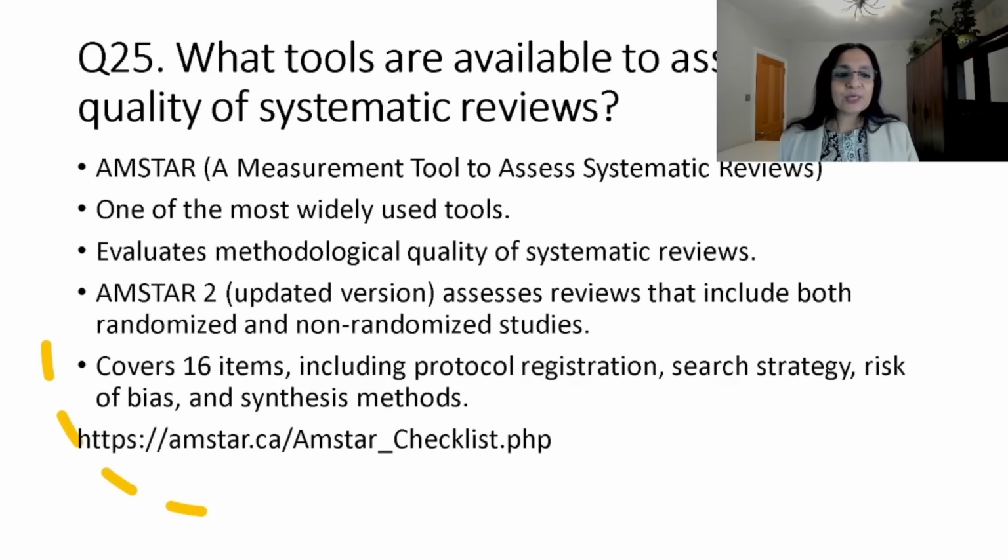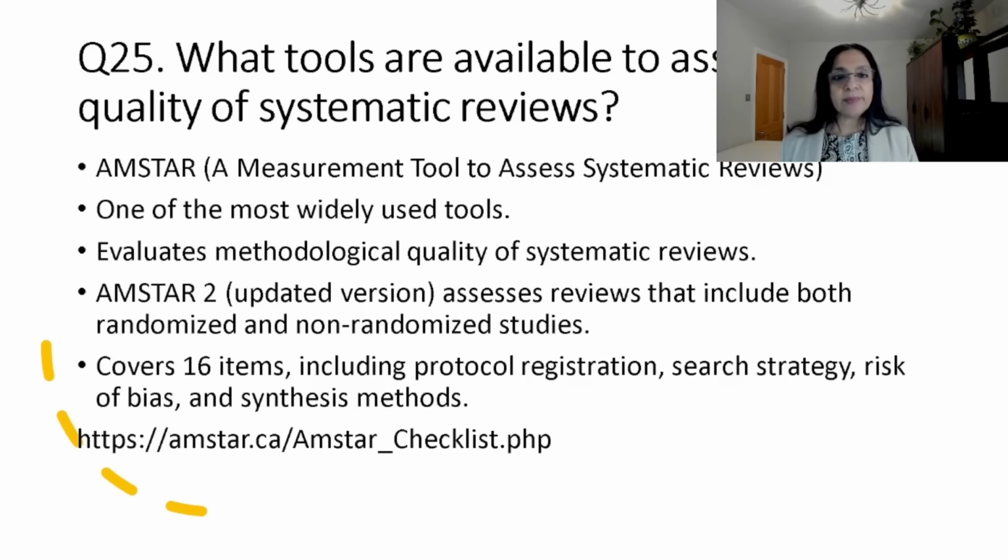Moving on to the next question: what tools are available to assess the quality of systematic reviews? We may have to appraise the quality of systematic reviews, and there are several tools available. The most common and most rigorous one is the AMSTAR tool. That is a measurement tool to assess systematic reviews. It is one of the most widely used tools, and it evaluates the methodological quality of systematic reviews.